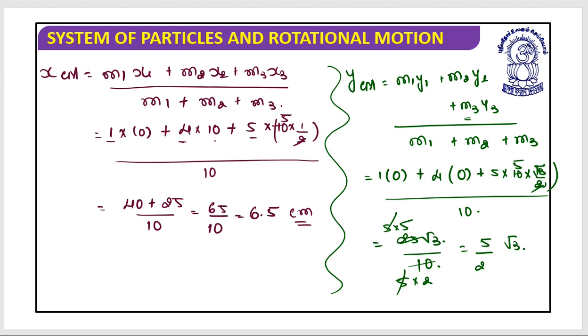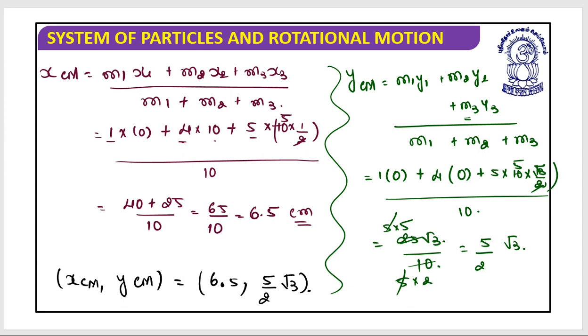This is y here. So the coordinates of the center of mass are xcm comma ycm, that could be written as 6.5 comma 5 by 2 root of 3. I hope this is clear.